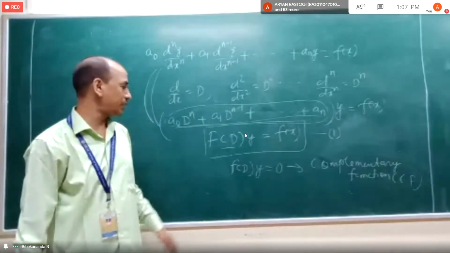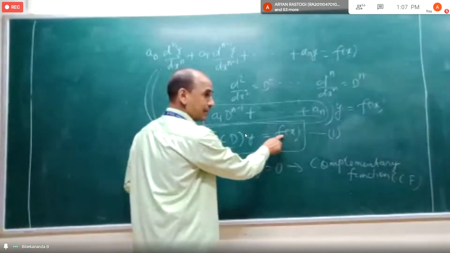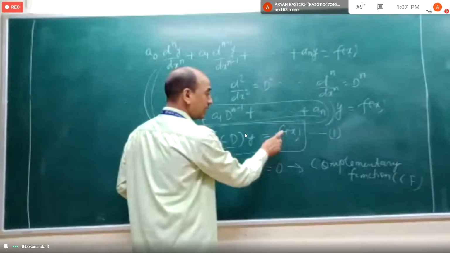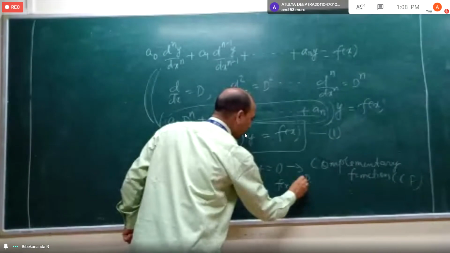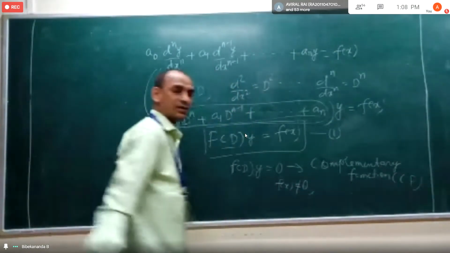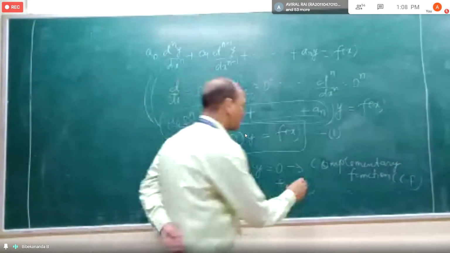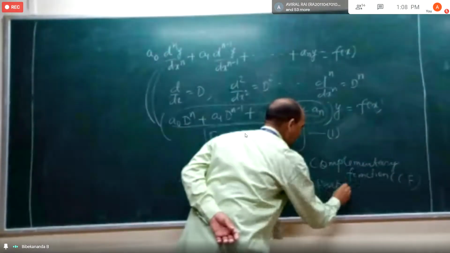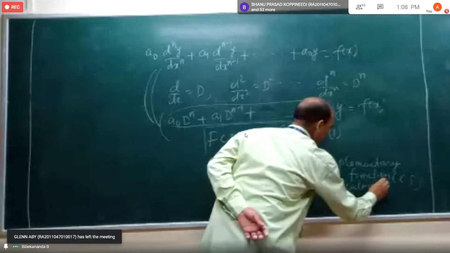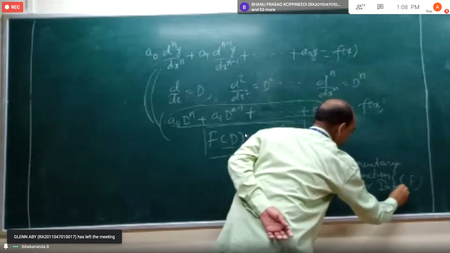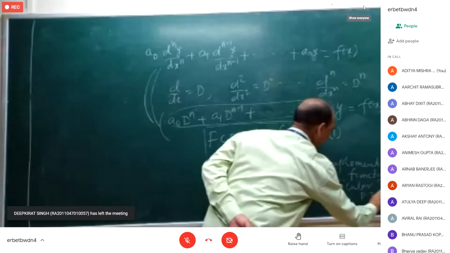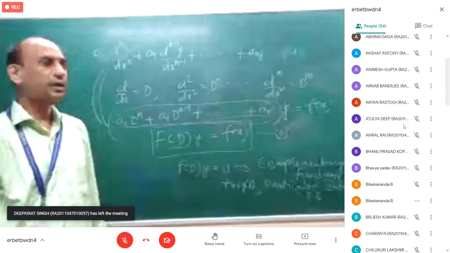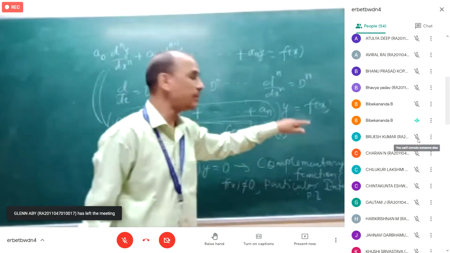Complementary function. If f of x is not 0, we need to find a particular integral, and in short form you can say PI. In short form, CF means complementary function.